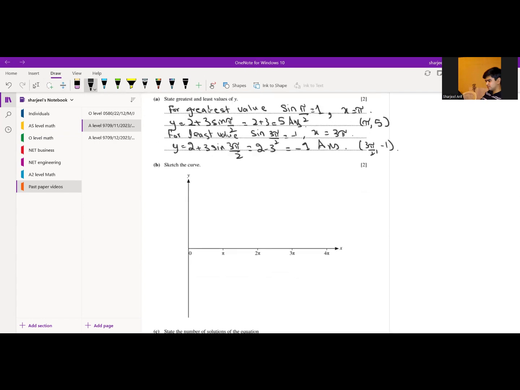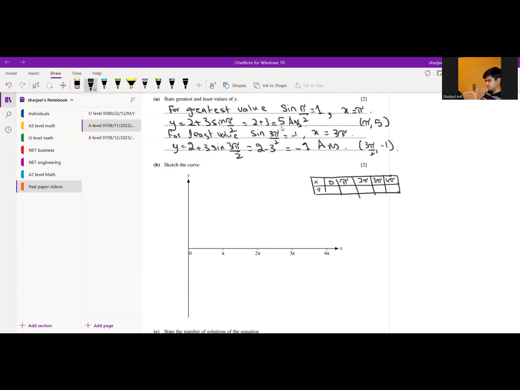For part B, you have to sketch the graph. So just draw a table for the values of x and y. You will take 0, pi, 2 pi, 3 pi, the values they have represented on the x-axis, 4 pi.